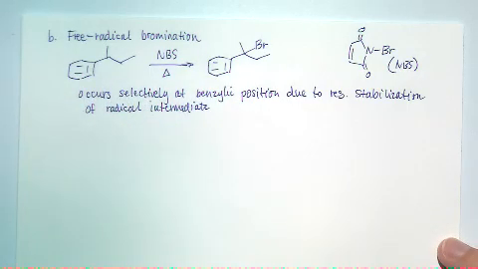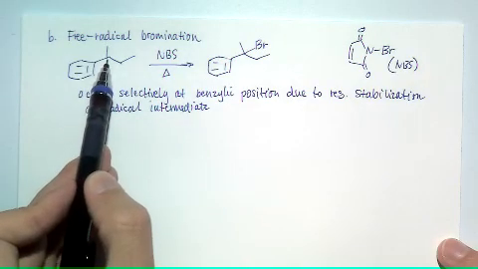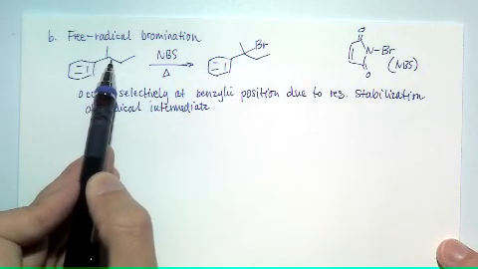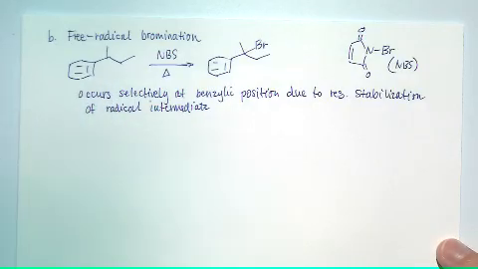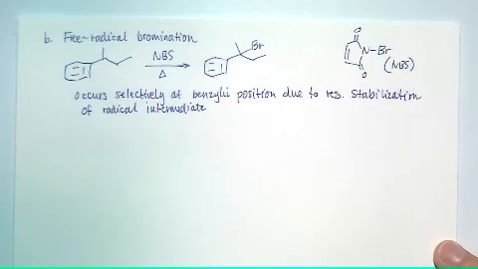So when you've got a radical on that carbon, just like if you've got a positive or negative charge, you have resonance stabilization with the ring, and that makes it more likely for the reaction to happen at that position rather than one of these other carbons.